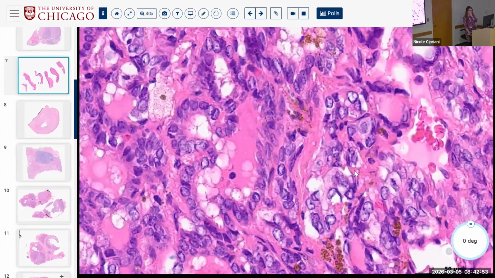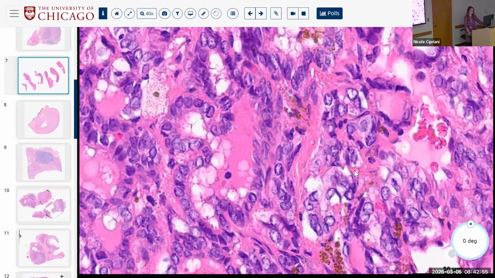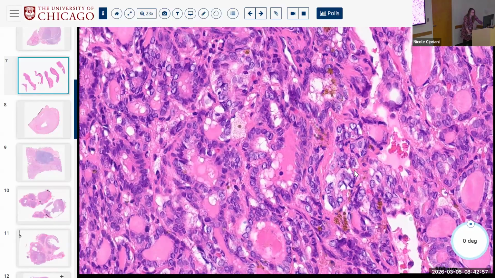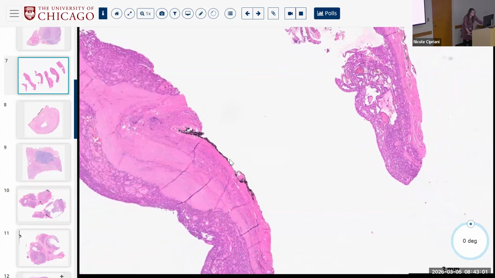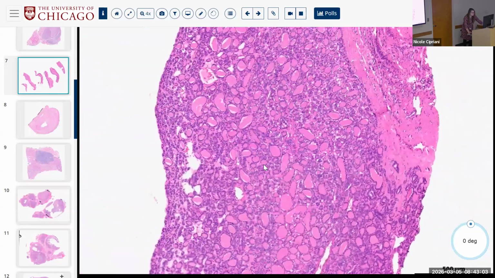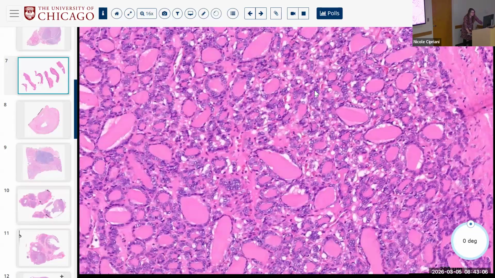Now what do you think about the nuclei? And I'll keep going around the different areas because the preservation here is not always great.